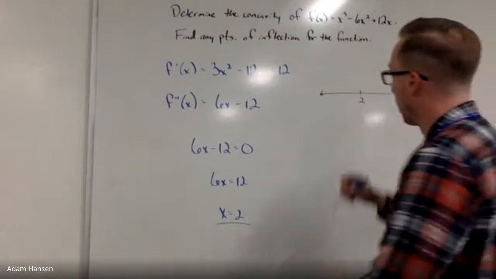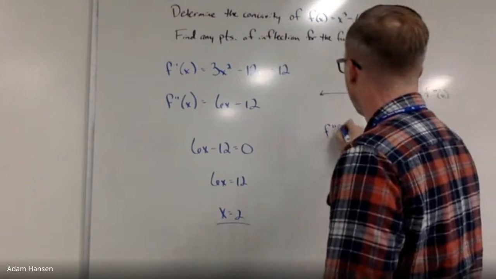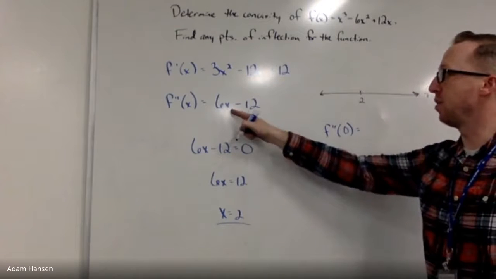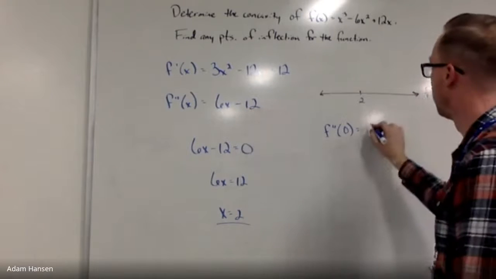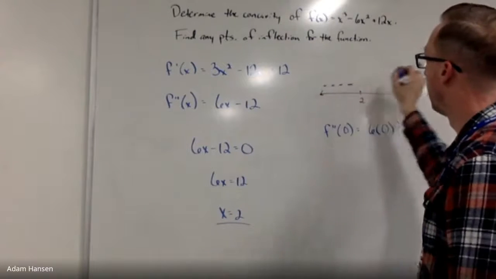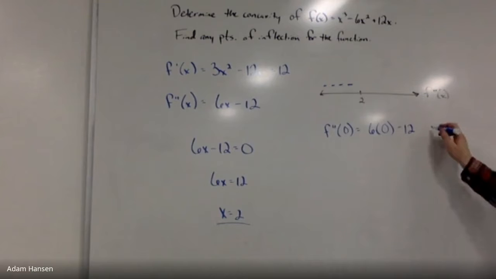Pick a number that is less than 2, for example 0, and substitute it into the second derivative. What is f double prime of 0? 6 times 0 minus 12. That would be a negative number. So I know that the second derivative is negative for any value less than 2.